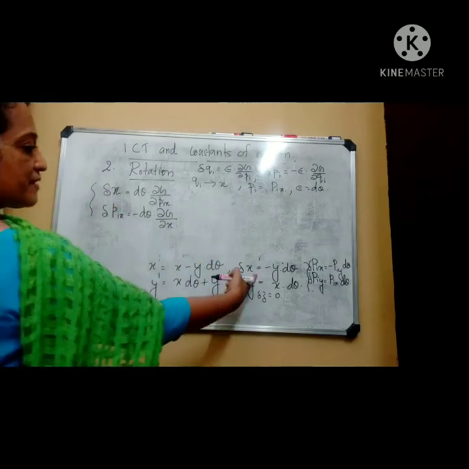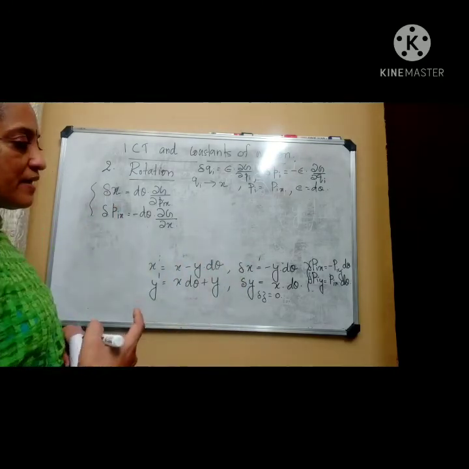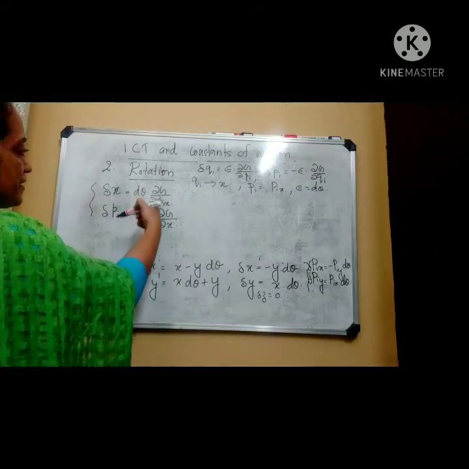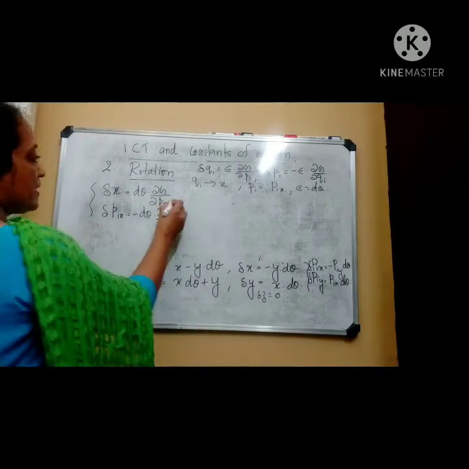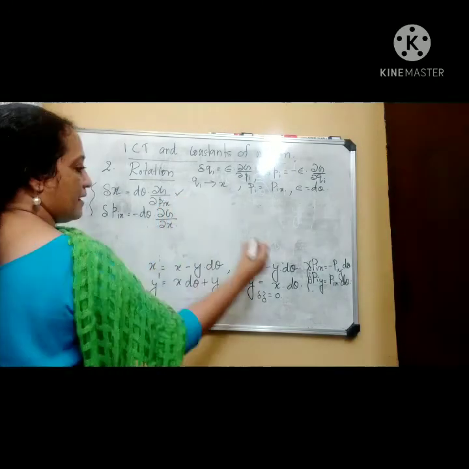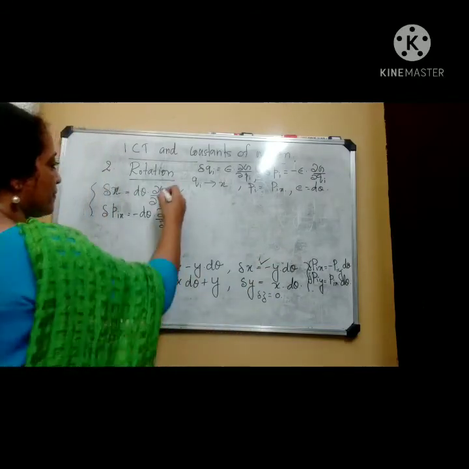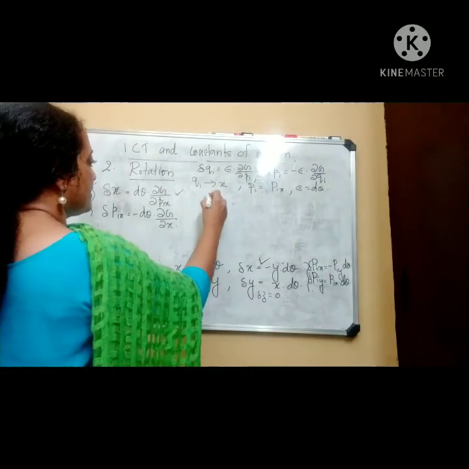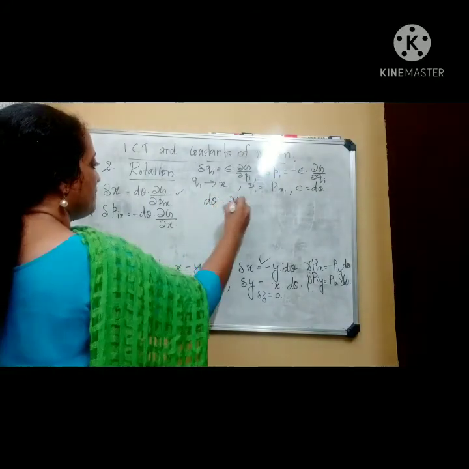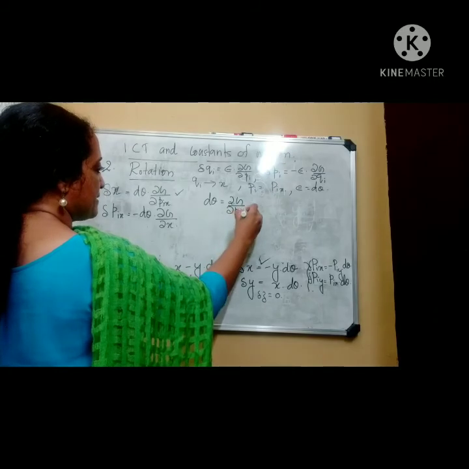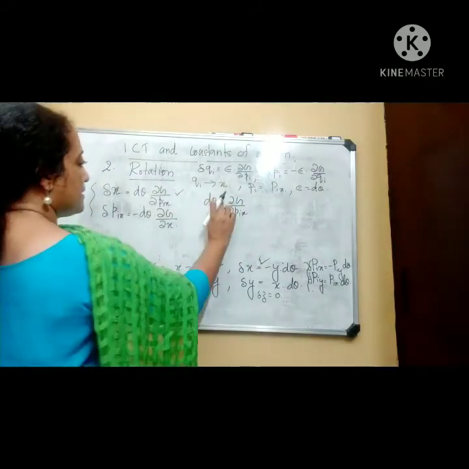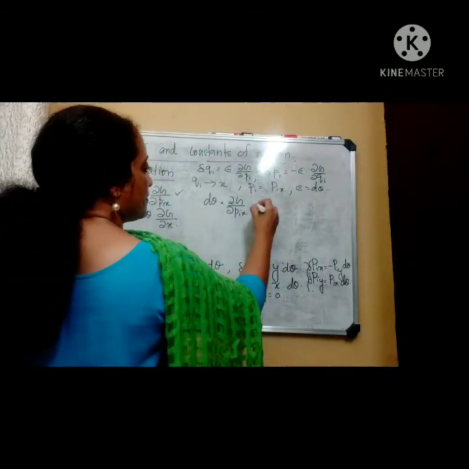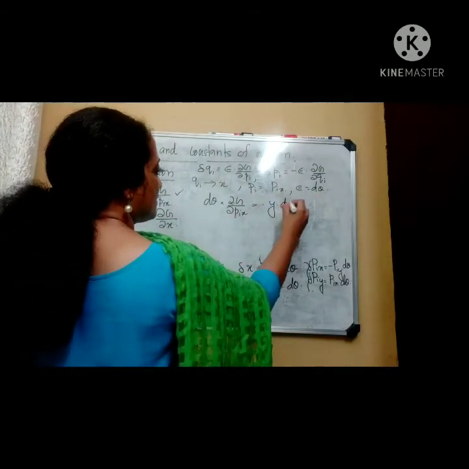The first we have written delta x is equal to minus y into d theta, and here delta x is equal to d theta into dou g by dou px. So we can compare this equation and this one. The right hand side is the same, so d theta into dou g by dou pix is equal to minus y into d theta.